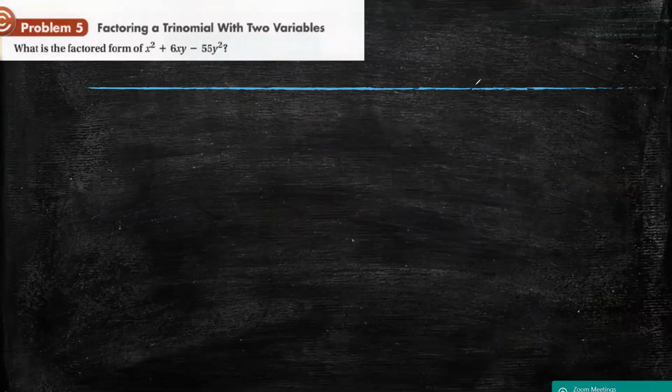The first step, you have to open two brackets. Now look at the variables here. We have x and y. Is it right? Yes, we have x and y.